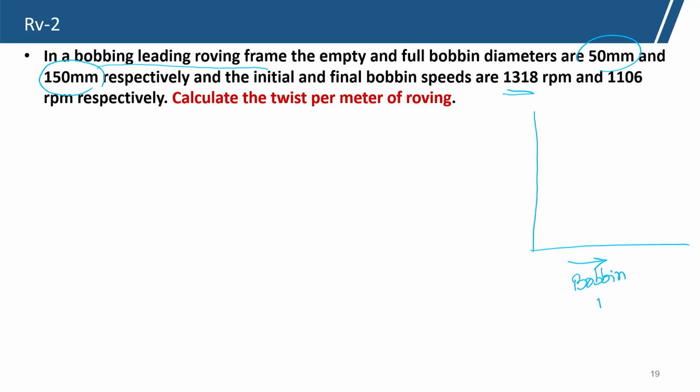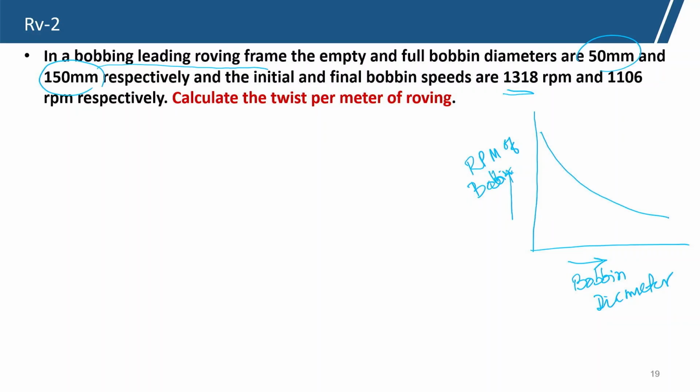So, if we see the speed profile, bobbin diameter and the rpm of bobbin, spindle speed is constant. So, we have this profile here.